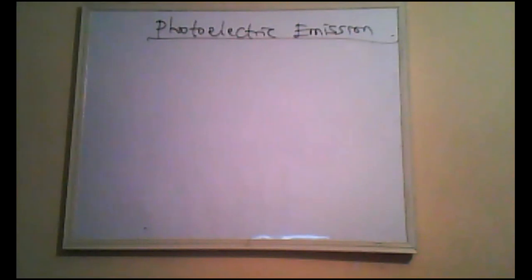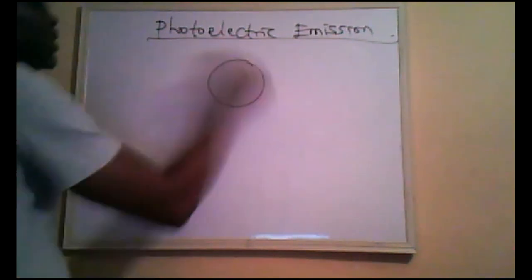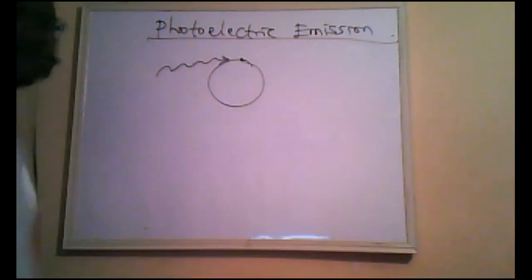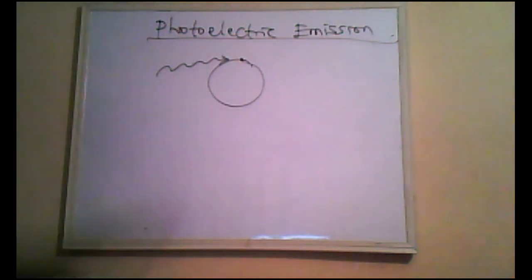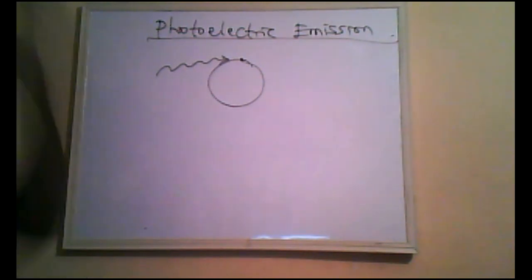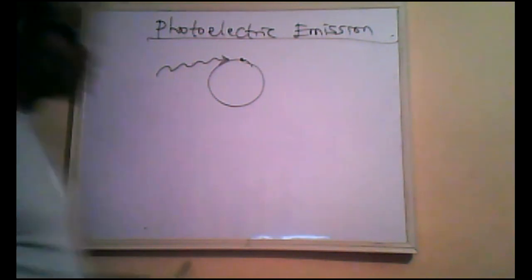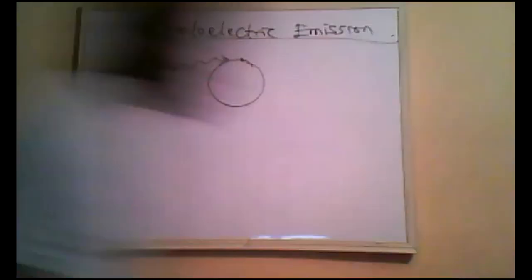Photoelectric emission. In Compton scattering, we had the photon interacting with a loosely bound electron. Of course, it's about essentially zero energy. The atom's electron binding energy is very, very close to zero, so it could be easily detached with any photon that has appreciable energy.